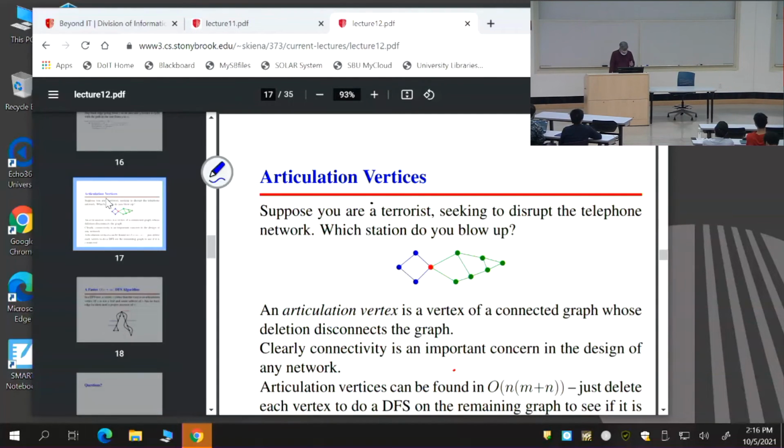Okay. So you're saying what we're going to do is delete the edges coming out of this vertex, right? Then pick some other vertex and do either a breadth-first search or a depth-first search.